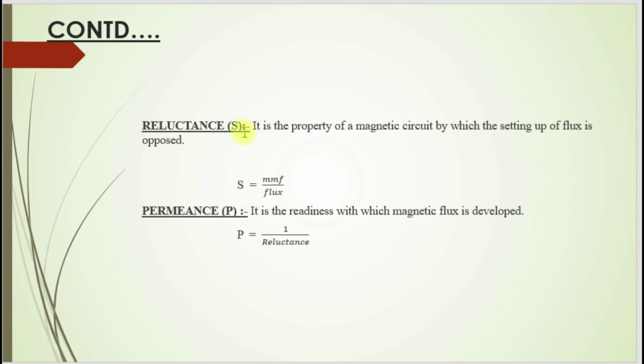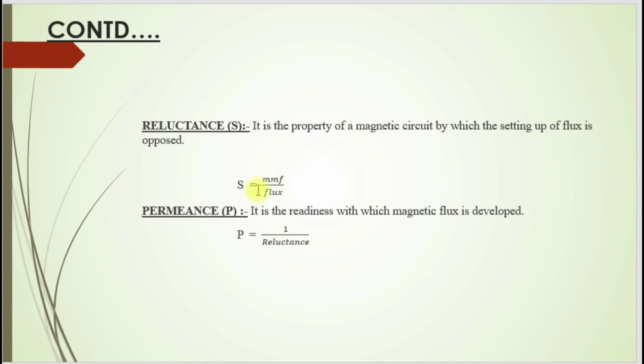Reluctance is usually represented by the letter S. So S is equal to mmf divided by flux. You know that mmf means N into I. So S is Ni divided by flux phi, that is Ni by phi. Ni means ampere turns and phi means Weber, so reluctance has the unit ampere turns per Weber.